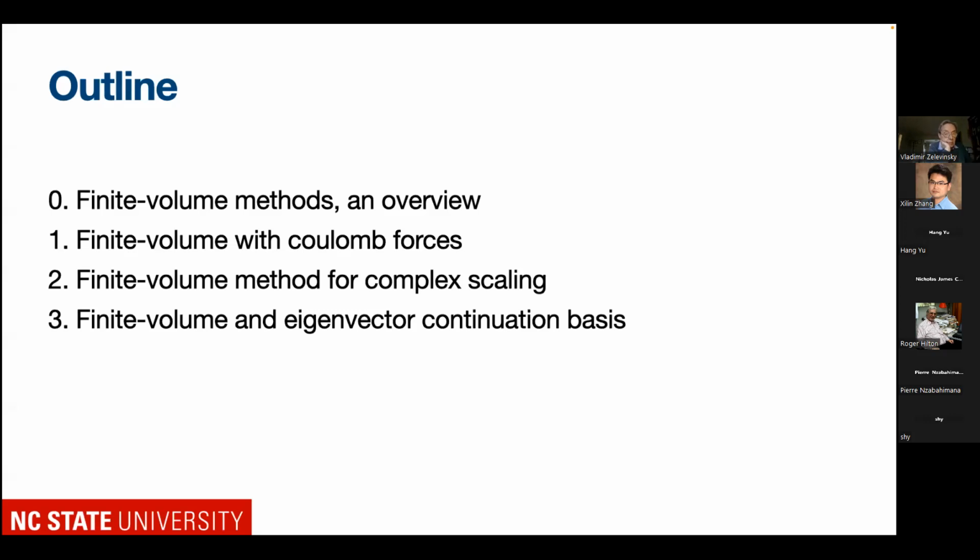First, I'm going to introduce the finite volume method, which is mostly used in the QCD sector and not so much in nuclear theories. Then I'll introduce my work, mostly about long-range forces, as well as new methods to do complex scaling in finite volume. In the end, I'm going to introduce a preliminary idea about finite volume and analytic continuation.